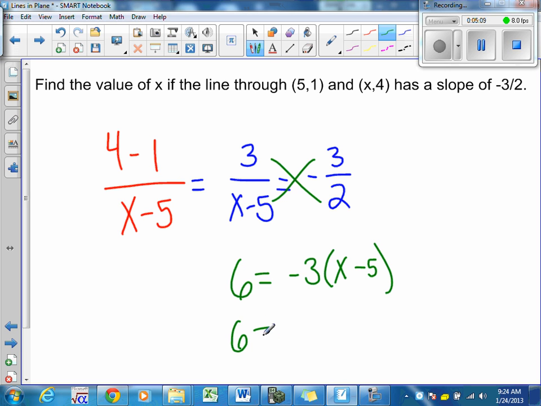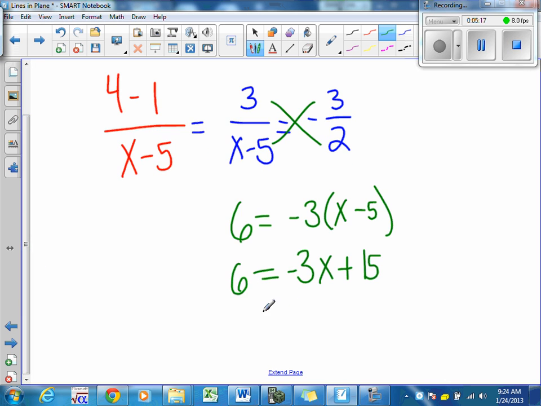So this is 6 equals negative 3x plus 15. If I subtract 15, I get negative 9 equals negative 3x, so x is 3.